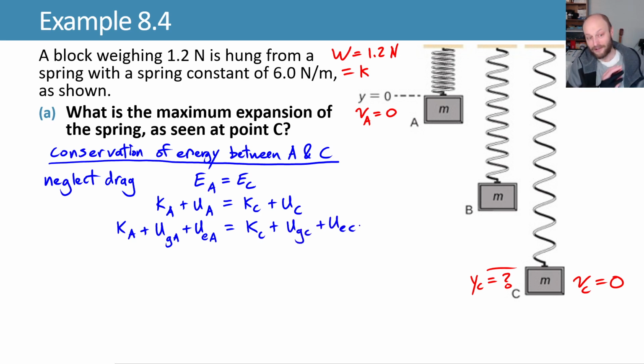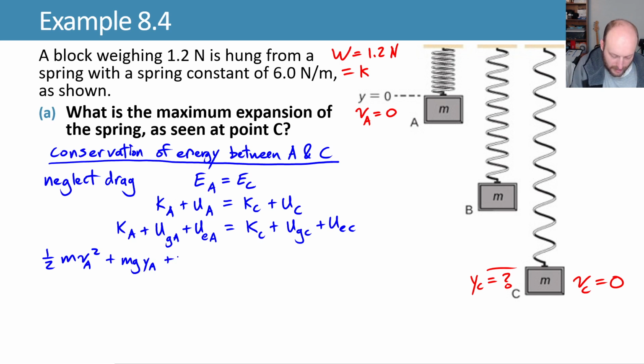All right, let's write out what all these things are in terms of their variables. The kinetic energy at A is 1/2 m vA squared. The gravitational potential energy at A is m g yA.